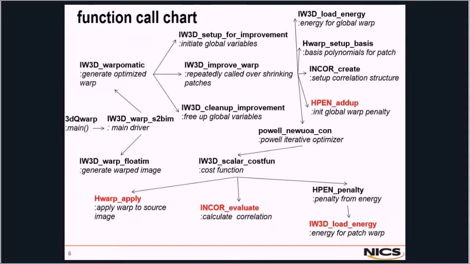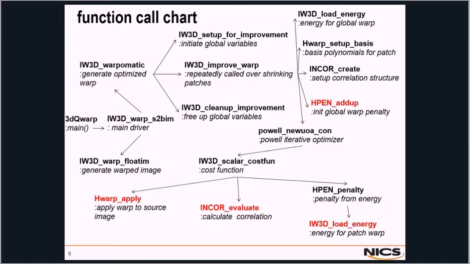Then it calls the main function, as I show, which updates the individual patch, which is IW3D_improve_warp. It will iteratively call this function and gradually reduce the patch size.